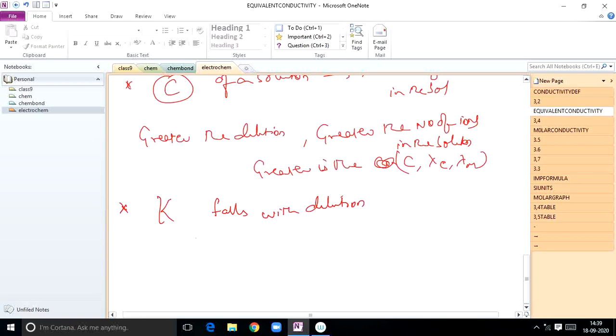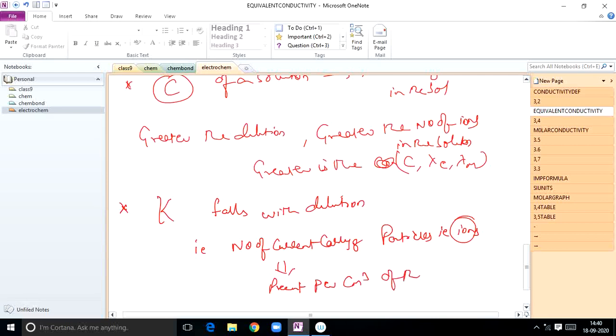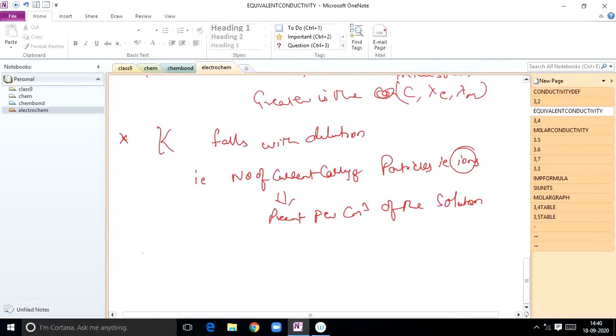The number of current carrying particles, that is, we can call them ions, present per cm cube of the solution becomes less and less on dilution. That is a key point.